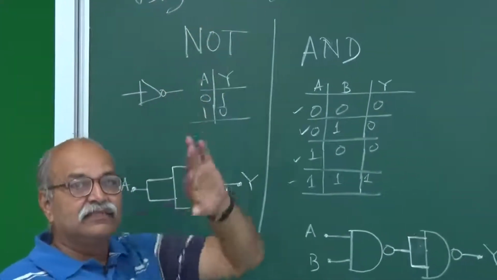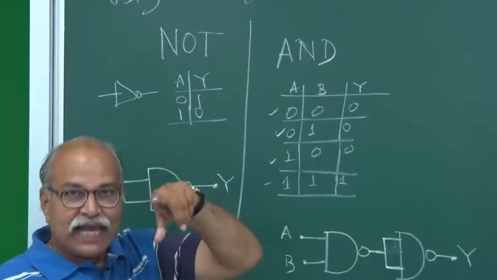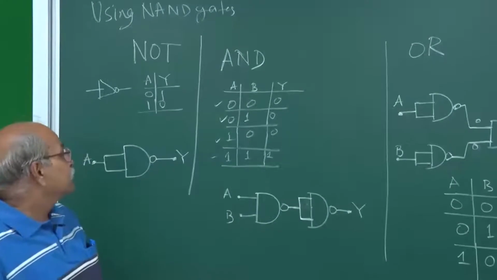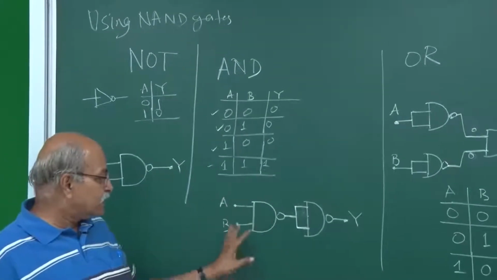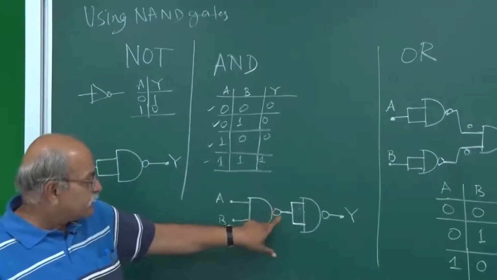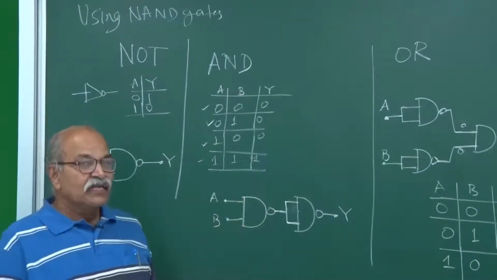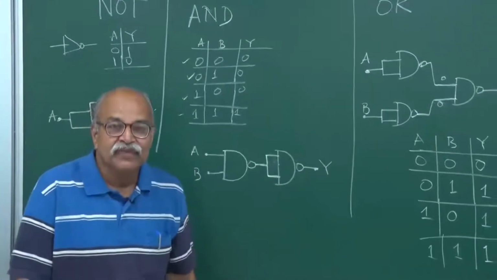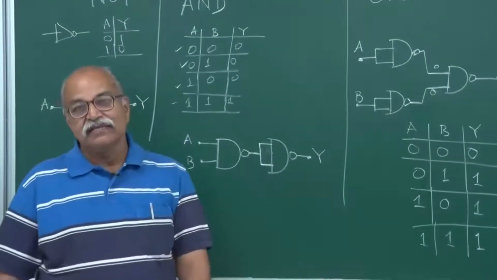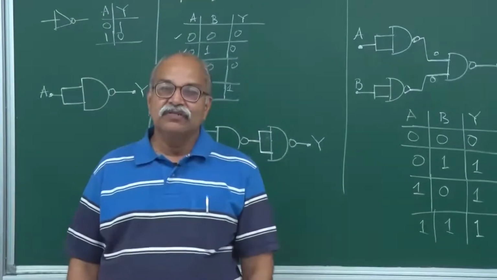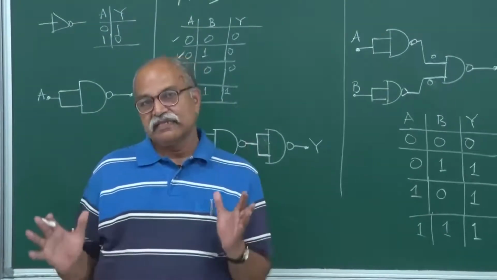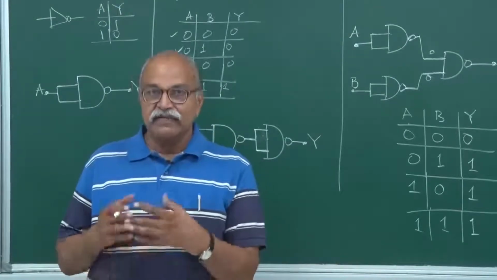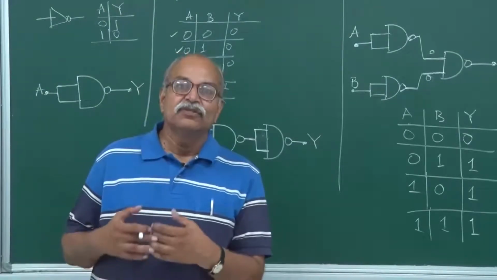So, you know what AND is; NAND is NOT of that. That is NAND, and the symbol is also of that variety. This is the symbol for AND and this circle makes it NAND, and similarly if you have OR, then NOT of that is NOR. And these two are called universal gates because any kind of digital circuit can be made only through NAND gates or only through NOR gates.